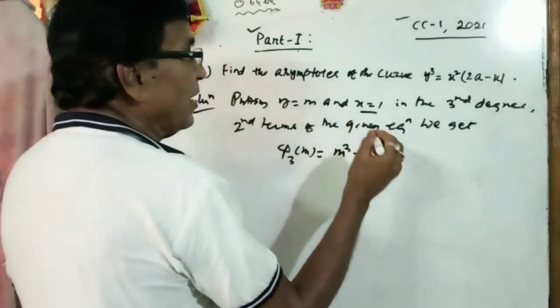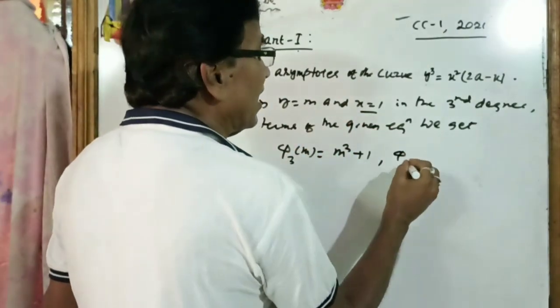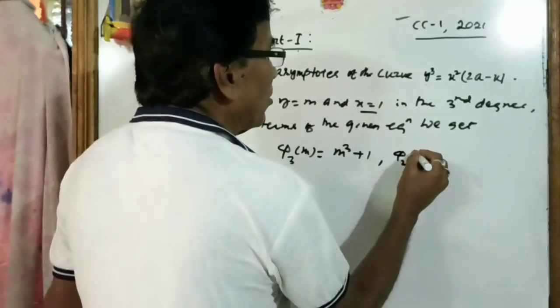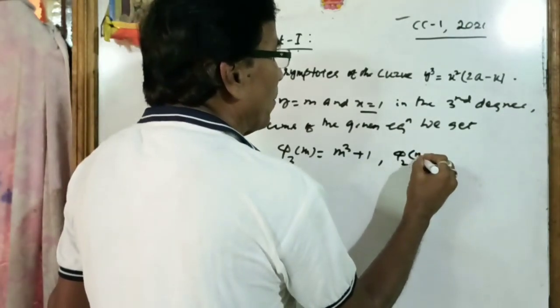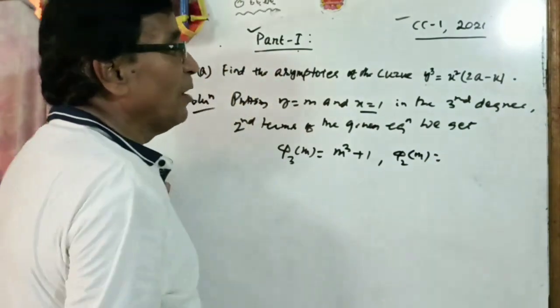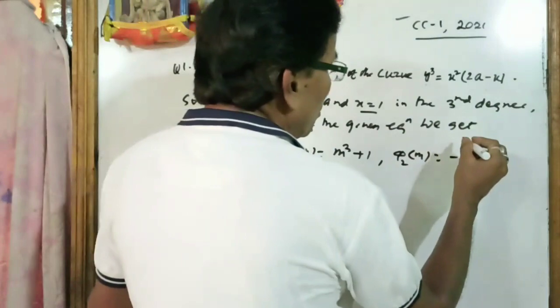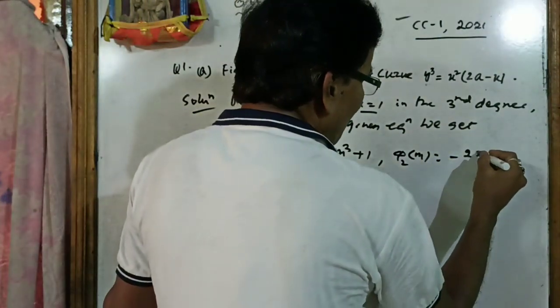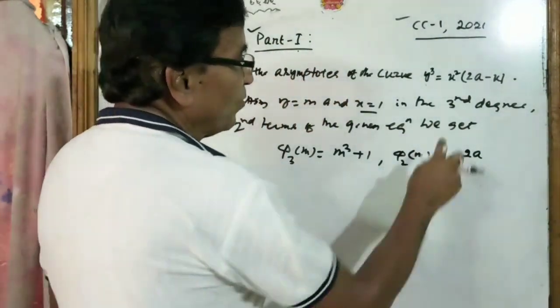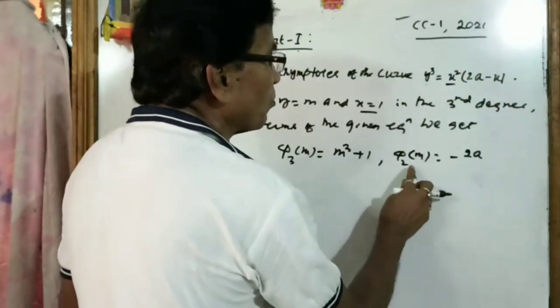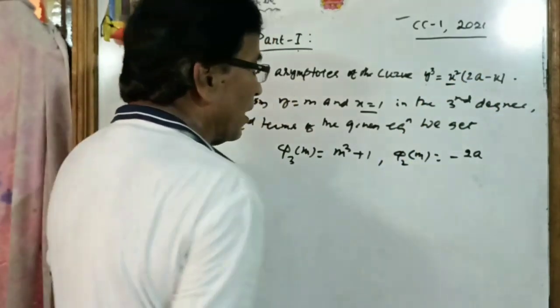And similarly, putting in the second degree terms separately, phi 2(m) value is equal to minus 2a, because for x = 1 it is the second degree term, so phi 2(m) = -2a.